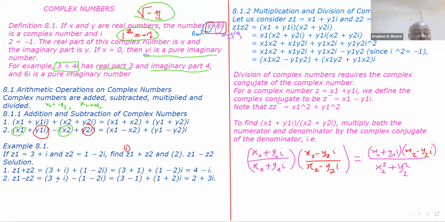If we take z1 plus z2, then it is 3 plus i plus 1 minus 2i. And so you take the real parts, and you write 3 plus 1. And then you take the imaginary part.